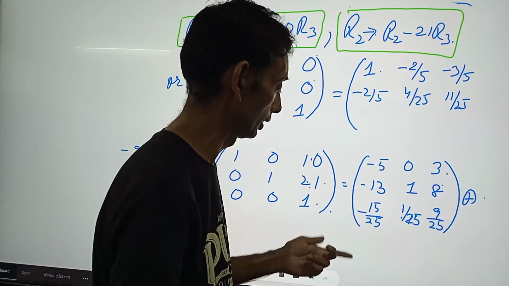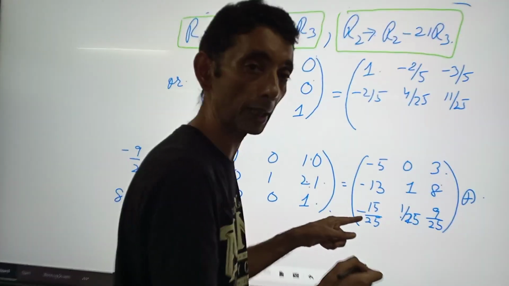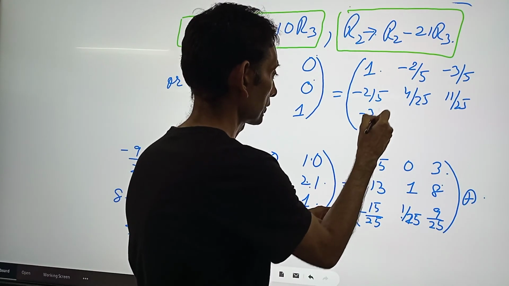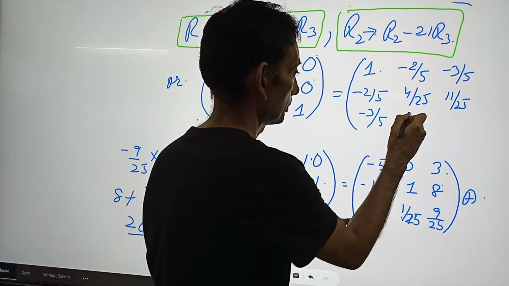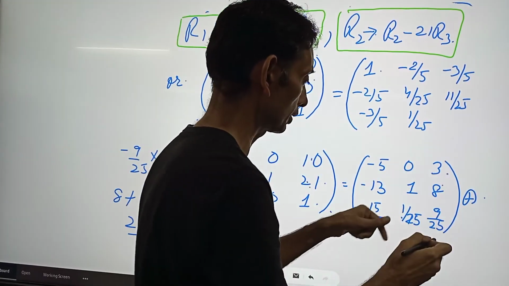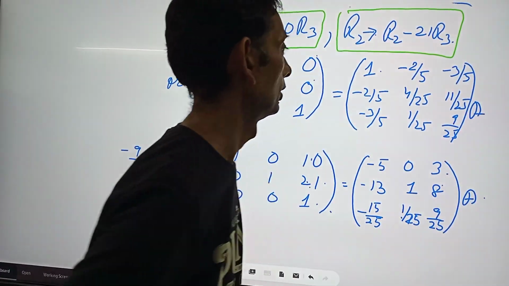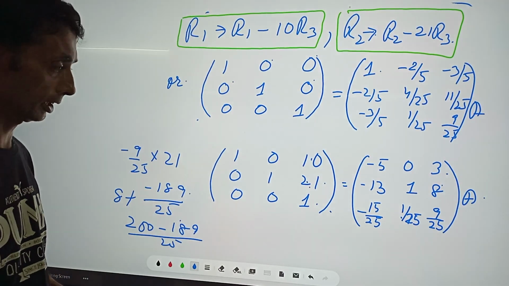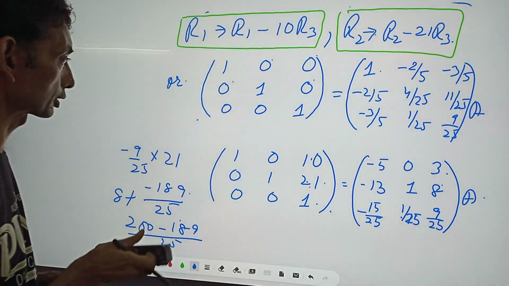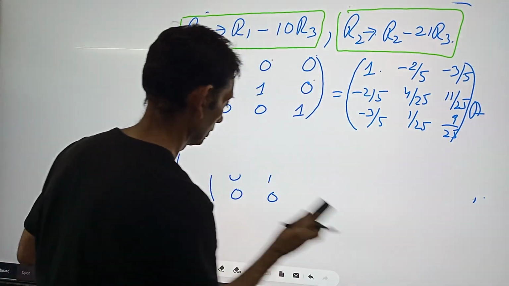I'll just simplify this. If you simplify, then you can cancel by 5, so it will be 1 by 25, and this will be 9 by 25. And therefore you can write this finally.